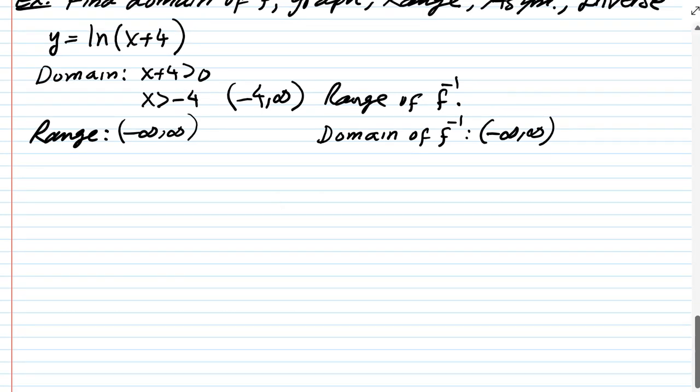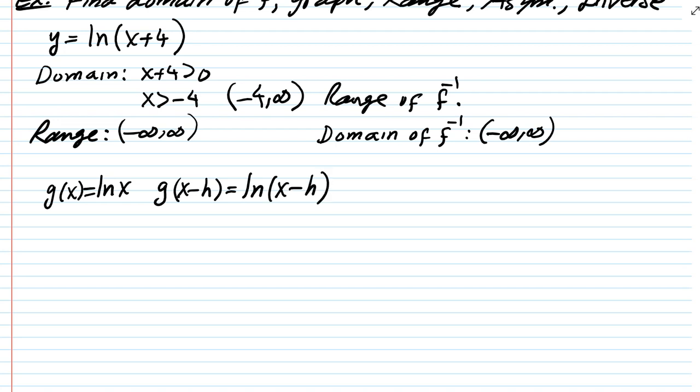Let's graph the natural log. Now, if I think of, let's say, g of x as ln of x, then think about g of x minus h. That's going to be ln of x minus h, right? Because I have x plus 4 here. So I'm thinking the ln of x plus 4 is going to be like g at x plus 4, right?